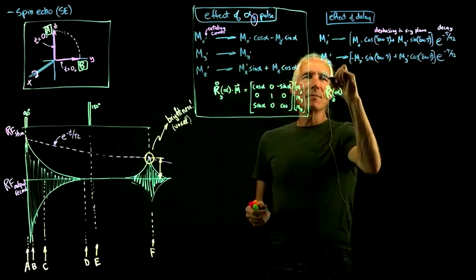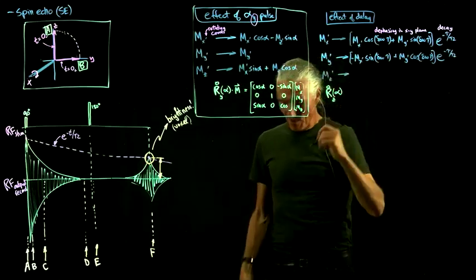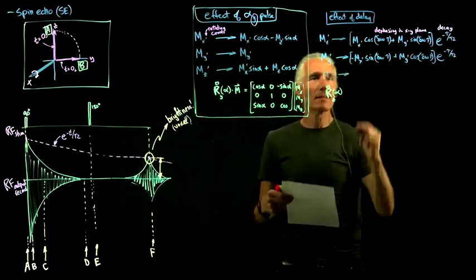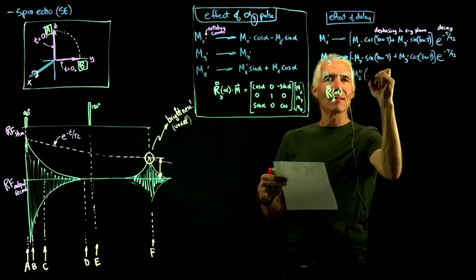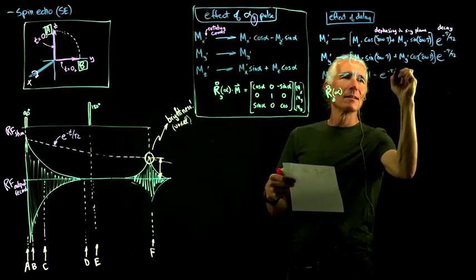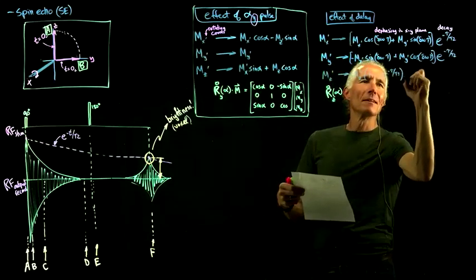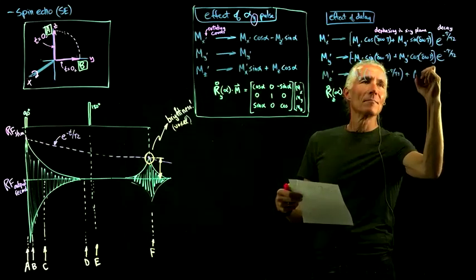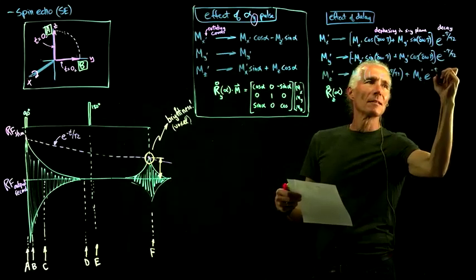So for the z component, we have to build in the T1 regrowth. And here's how you build in the T1 regrowth. It's mz0 times 1 minus e to the minus tau over T1, plus mz, the initial condition, times e to the minus that.